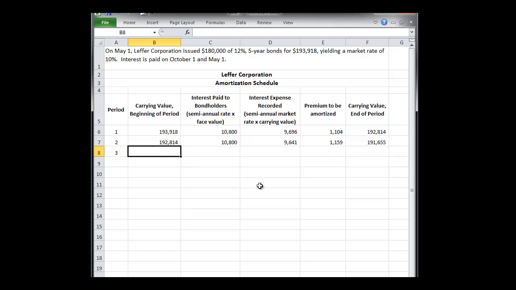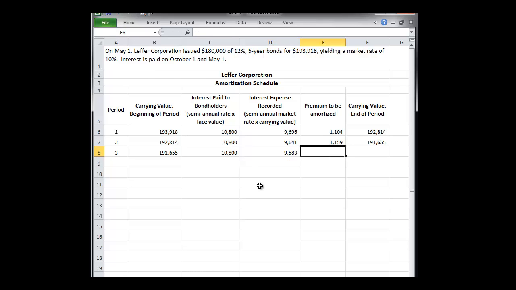Okay, now once again, I'm in period 3. My ending carrying value from period 2 becomes my beginning carrying value for period 3. So I'm going to move that 191,655 to the first column. My interest paid to the bondholders remains the same. It's 10,800. My interest expense is the semi-annual market rate of 5% times the beginning carrying value of period 3, which is 191,655.